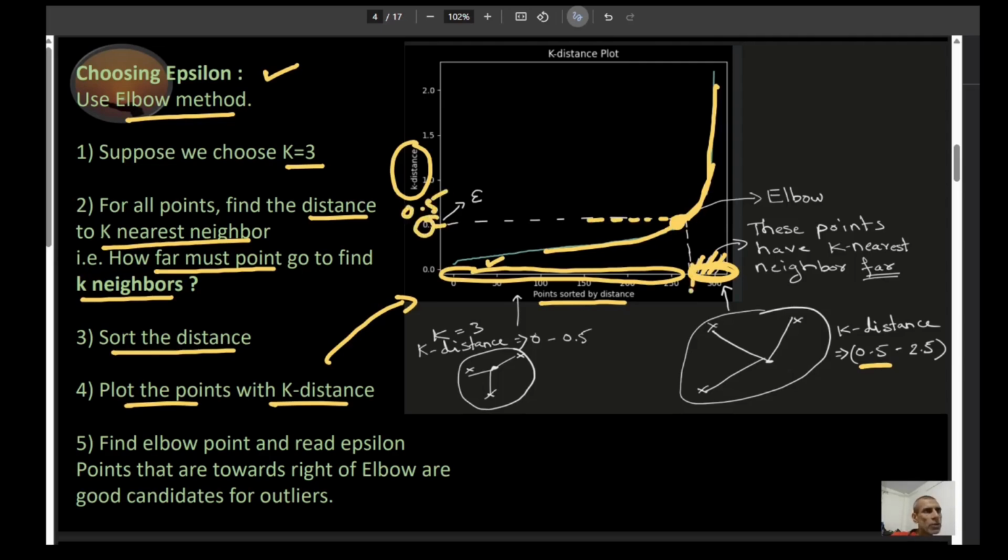So all the values that are in this region right here, my k distance is going to be between 0 to 0.5, and all the ones in this region right here, my k distance is going to be between 0.5 to 2.5. So these points that fall in this area are good candidates for outliers.